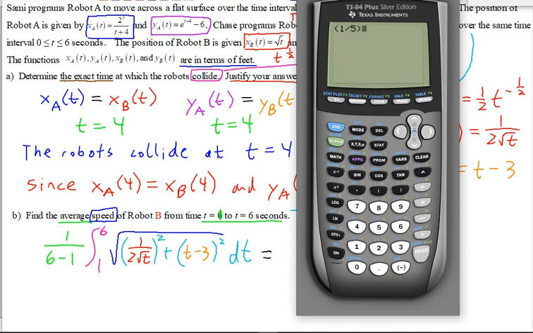And then we want the integral, so math number 9, function integrate. And then what we want to integrate is the square root.